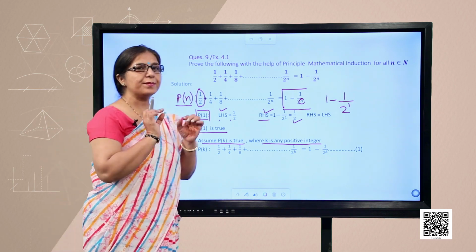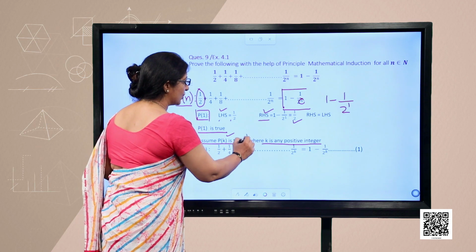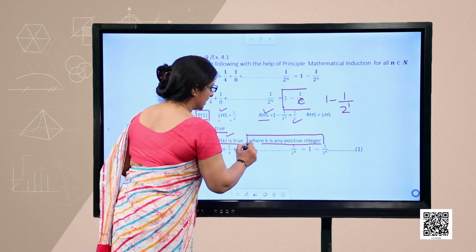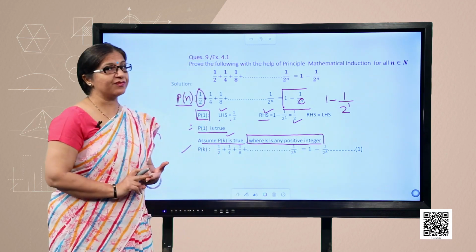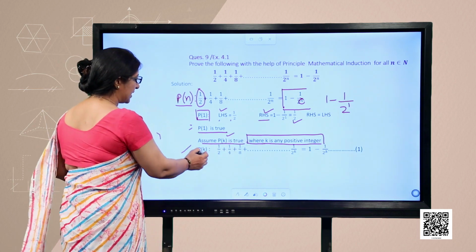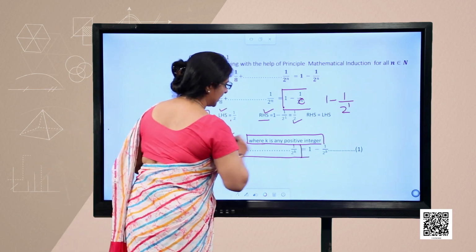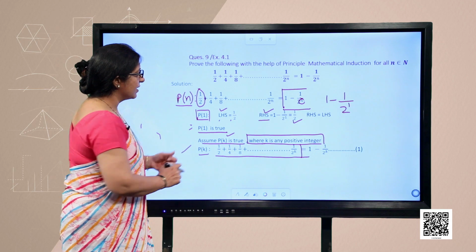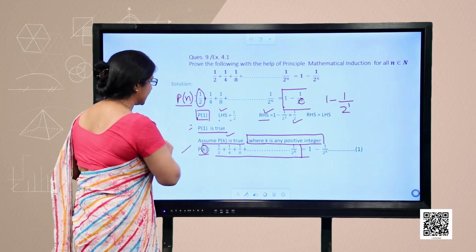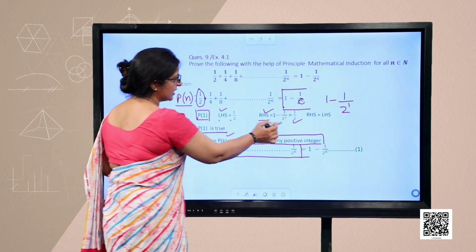You need to remember these steps. Whenever we are writing Pk is true, we need to mention that k should be a positive integer. It is not for negative integers. So, the Pk statement can be written easily, just by replacing n by k wherever there is n.